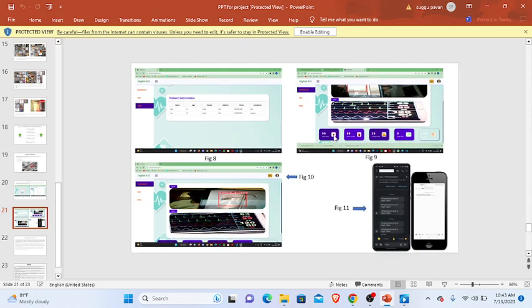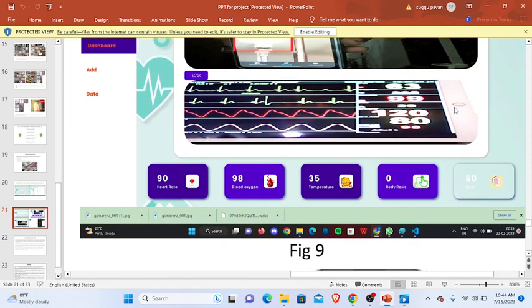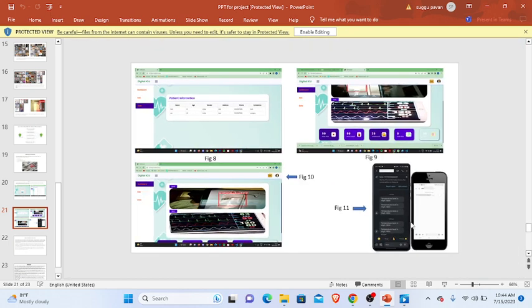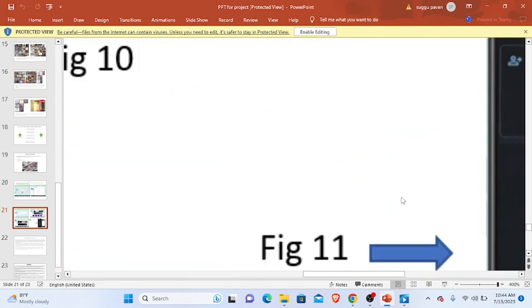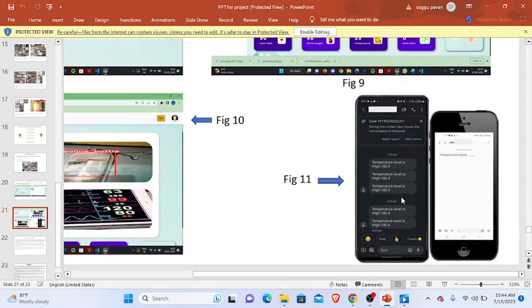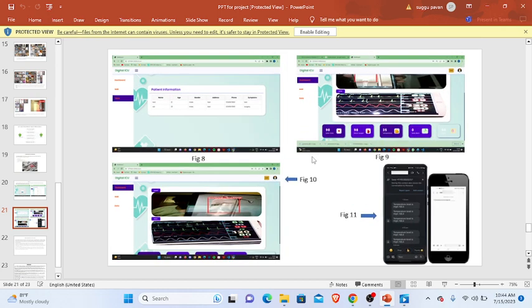In figure 9 you can see the heart rate, blood oxygen, temperature and body resistance represented in dashboards. And in figure 11 you can see some alerts which we have produced through our project, like the temperature level is high, about 100 degrees. These alerts were sent to the registered mobile number.